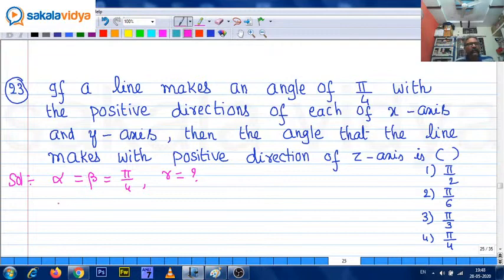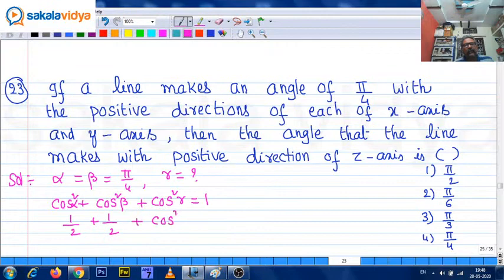So we know that cos square alpha plus cos square beta plus cos square gamma equals to 1. Let us substitute. The cos 45 is 1 by root 2, 1 by root 2 square is 1 by 2, plus 1 by 2 plus cos square gamma equals to 1. See, 1 by 2 plus 1 by 2 is 1.